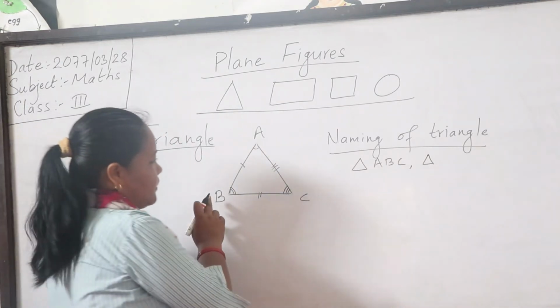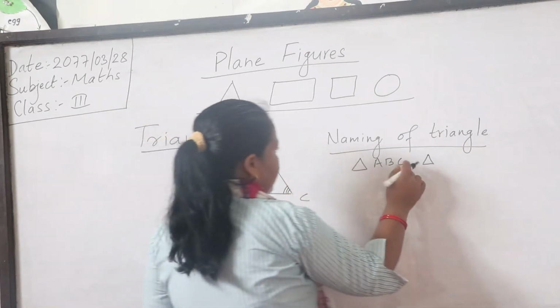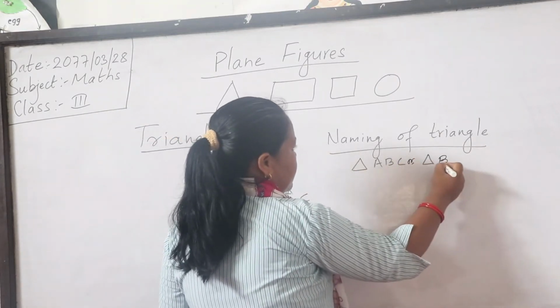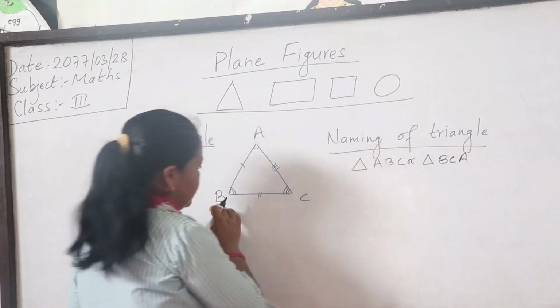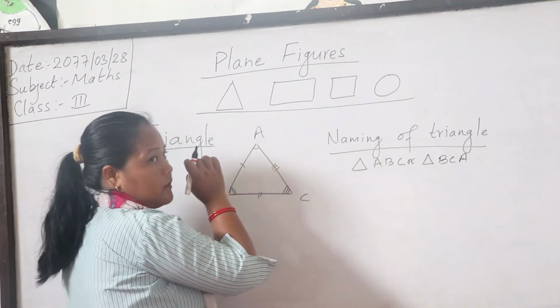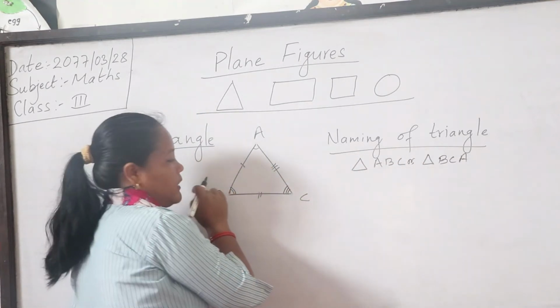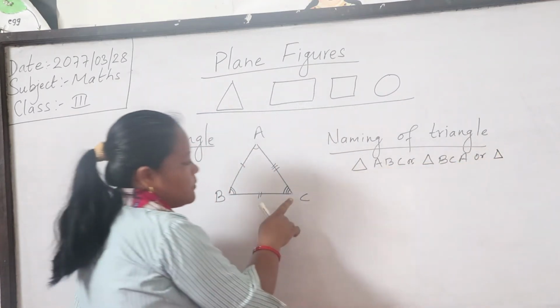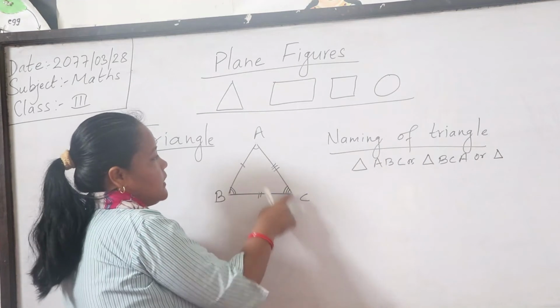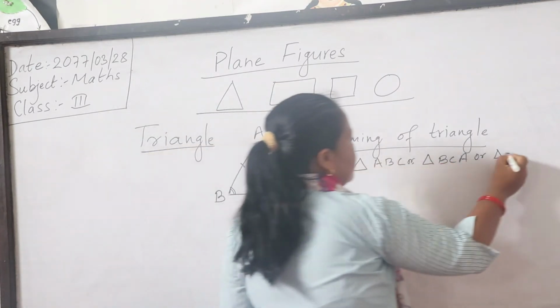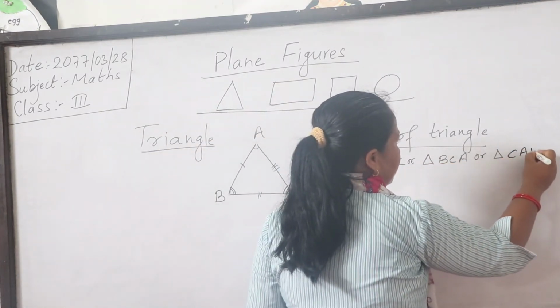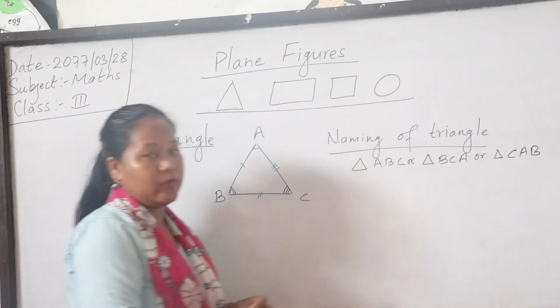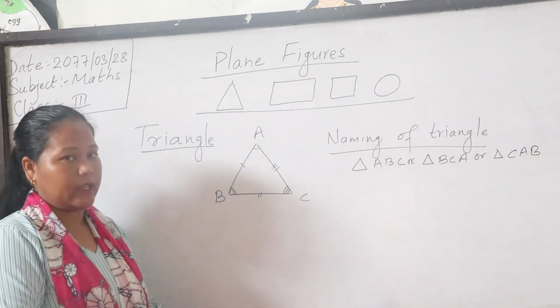If you start from B, then triangle BCA. Like this also we can write the name. If we start from the C letter, then CAB. Like this we can write the name of the triangle.